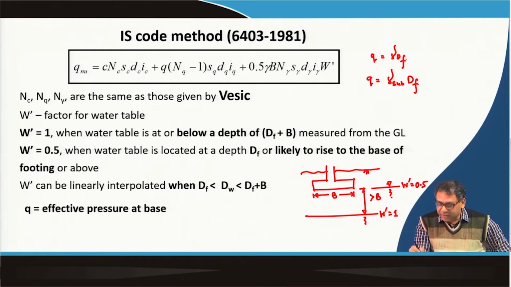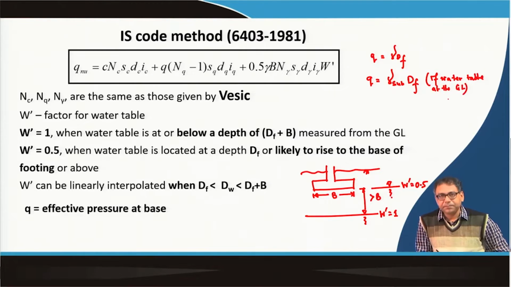So, now this is if the water table is at the ground level, and gamma sub is equal to gamma sat minus gamma W.